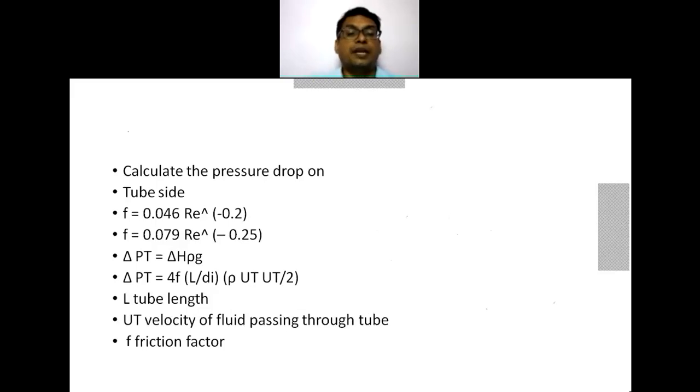So delta P in the tubes is equal to 4F L upon D_i into rho u_t square upon 2, for the fluid flowing through the tubes, where L is the tube length, u_t is the velocity of the fluid flowing through the tubes, and F is the friction factor.